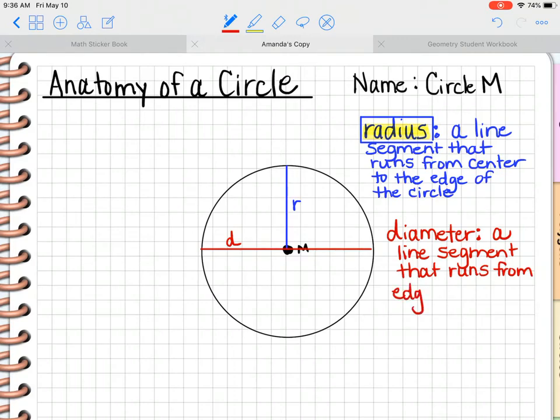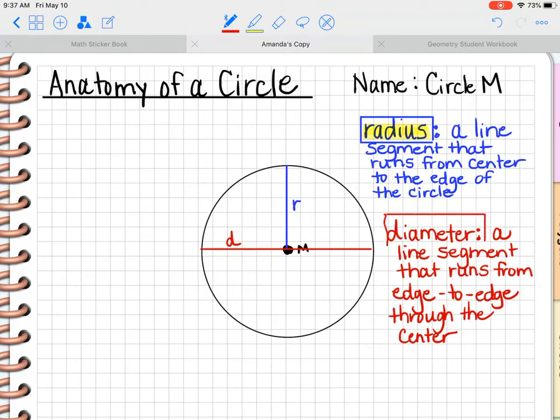That's important. It is connected to the center. Okay, so diameter is another term that you definitely will need to know. We will be using radius or diameter in every problem we do.